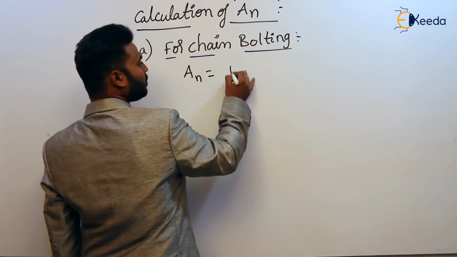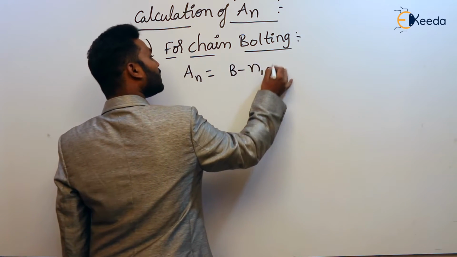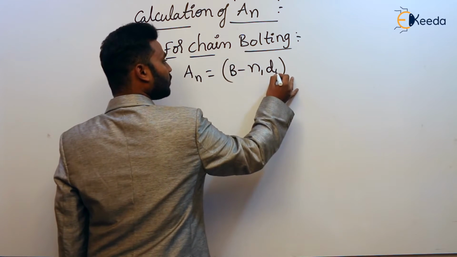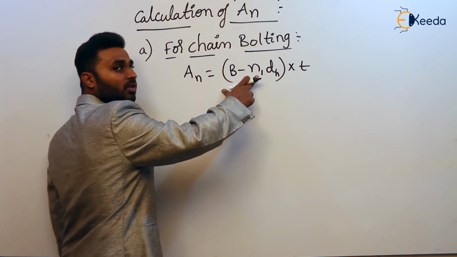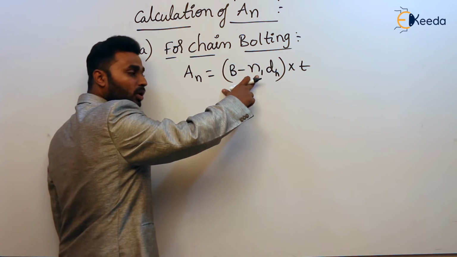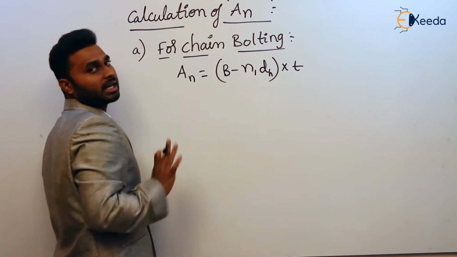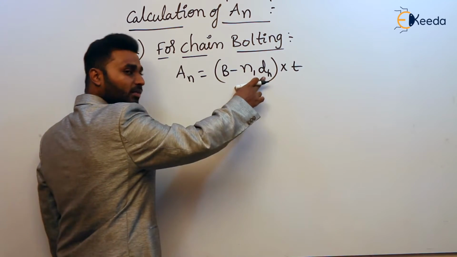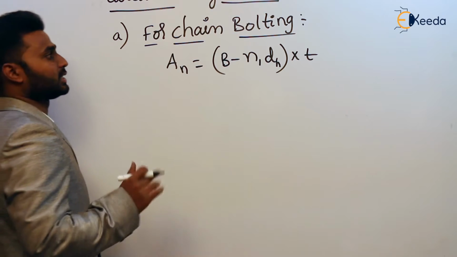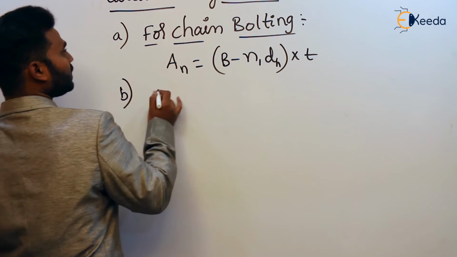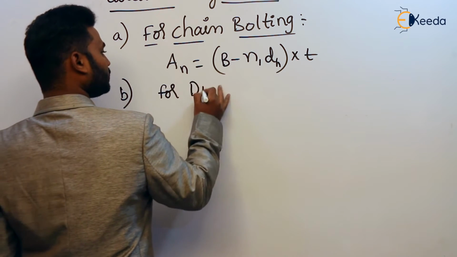So An is equal to B minus N1 DH, into T. B is the width, N1 is the number of bolt holes present at the critical section 1-1, DH is the diameter of the bolt hole, and T is the thickness.